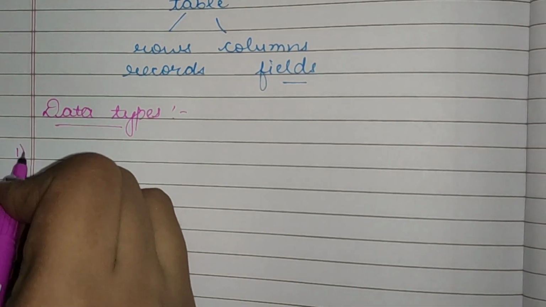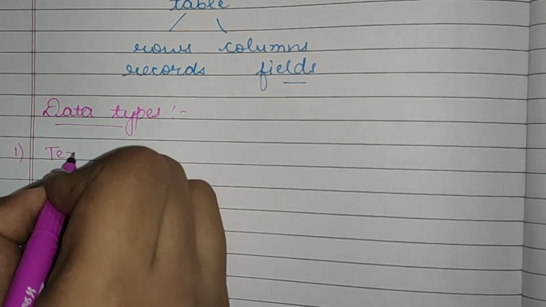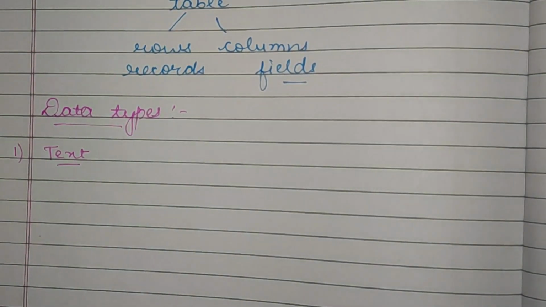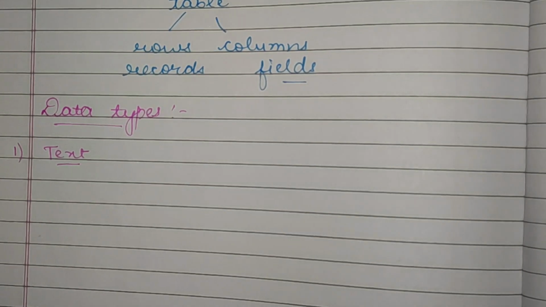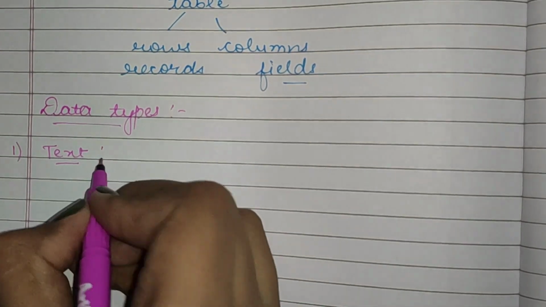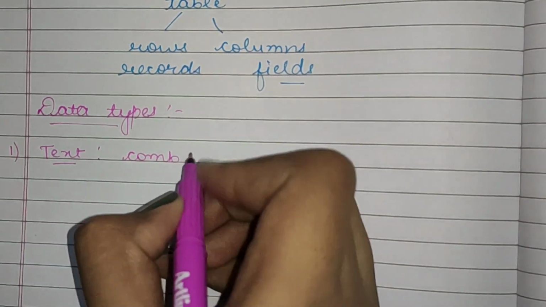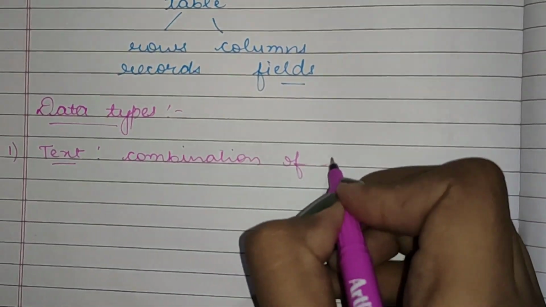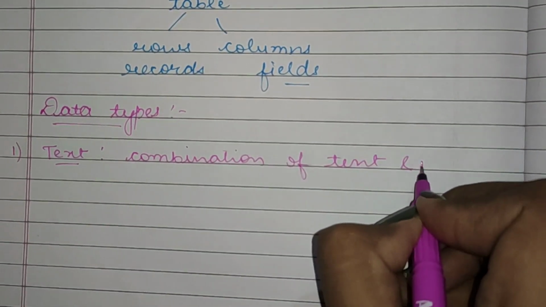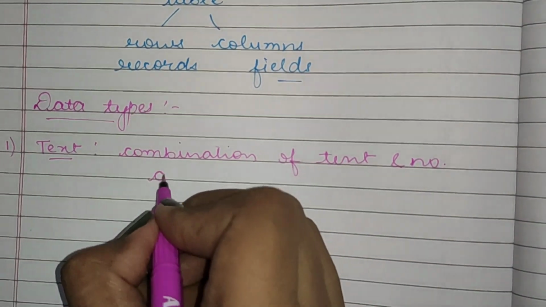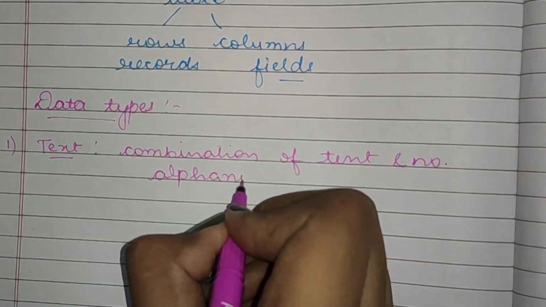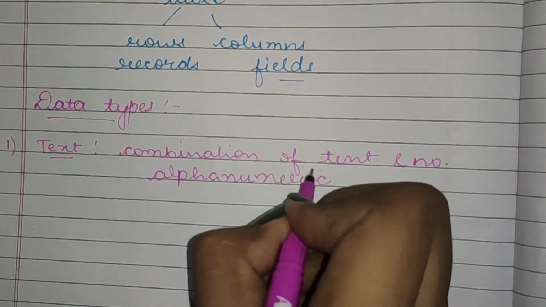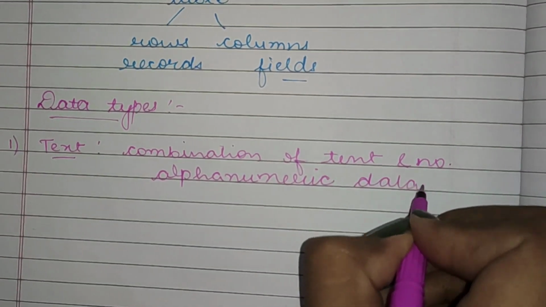So first is text data type. What type of data does it contain? It is a combination of text and numbers, or we can say it contains alphanumeric data.